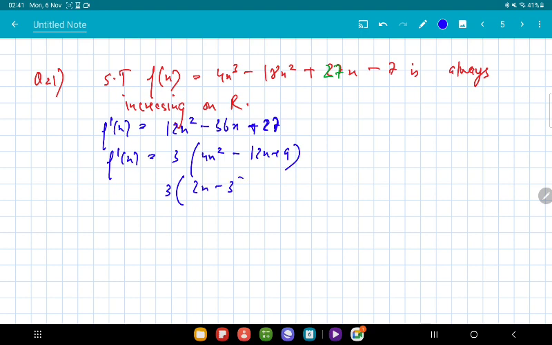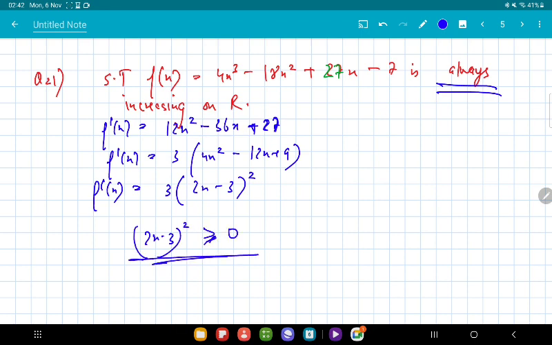I think it can get some factors like this. For strictly increasing, we have to prove this here. For that, this is always true, I guess. A perfect square cannot be negative. So this proves that this function will always be increasing on R. I hope you have understood. Hence this is proved.